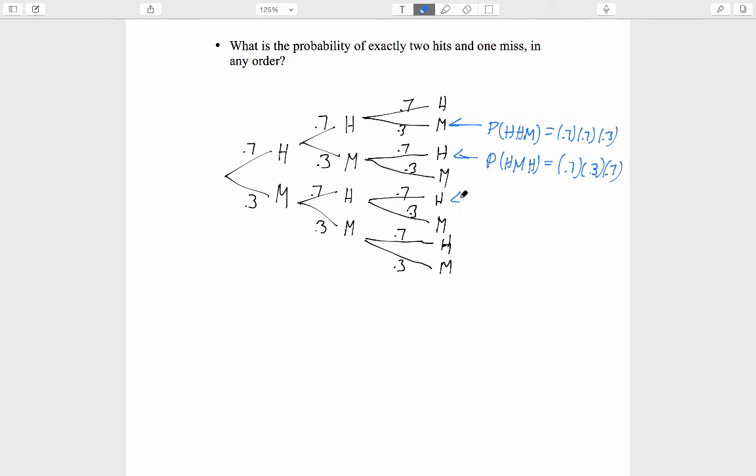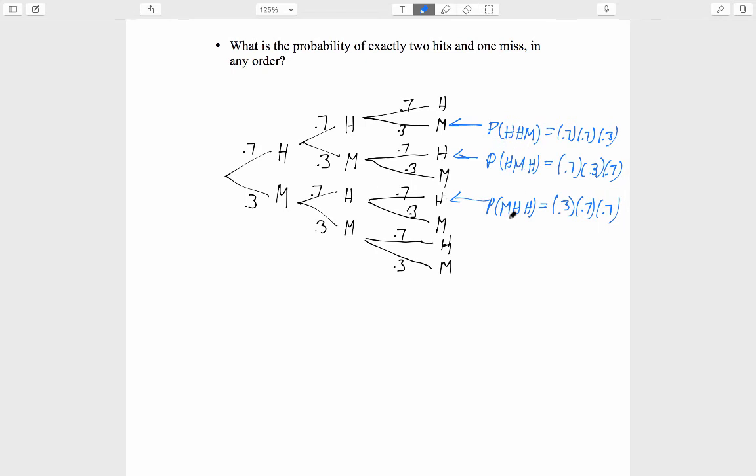And finally, miss, hit, hit is another outcome which is in this event, which contributes towards the likelihood of this event. How much does it contribute? It contributes 0.3 times 0.7 times 0.7. 30% of 70% of 70% of the time, you will obtain the outcome miss, hit, hit.